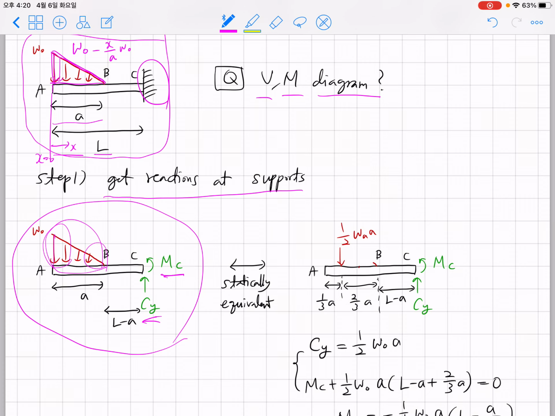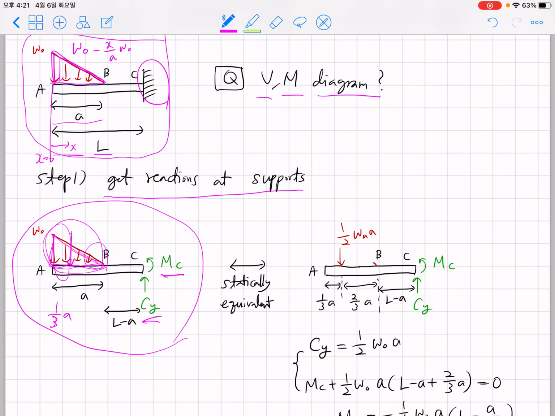And if you think about a statically equivalent problem, what you do is you simply take the center of this distribution. The center of this distribution will be at 1/3 of the distance, because the center of a triangular area is located at 1/3 of the height.